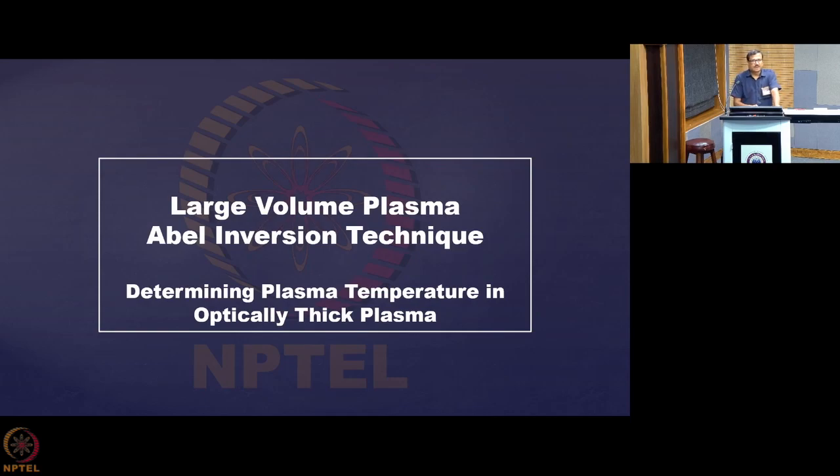Earlier, in the case of the arc, the central region temperature was so high and the outside temperature so low that the main contribution to the intensity came primarily from the central zone.